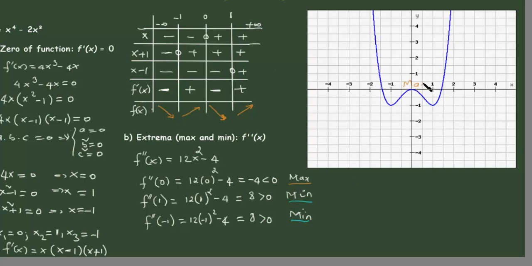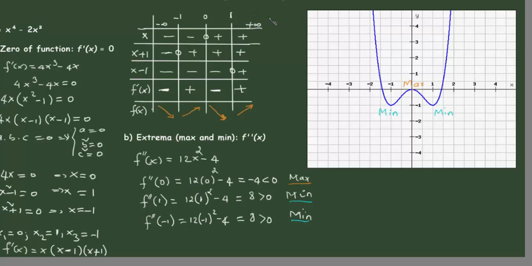The zeros of the function are here: minus 1, 0, and 1. And the function is decreasing, increasing, just like we said by studying the function.